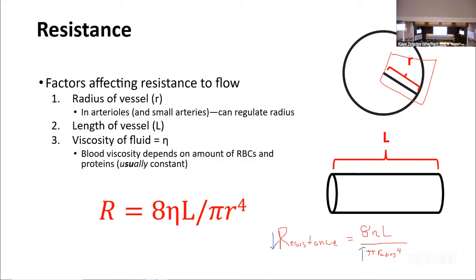So your big open mouth blowing up, that's a big radius, but low resistance, versus our pursed lip. That was a narrow radius, so smaller, but you can feel how it feels harder. So less flow when we have a small radius, increasing our resistance.